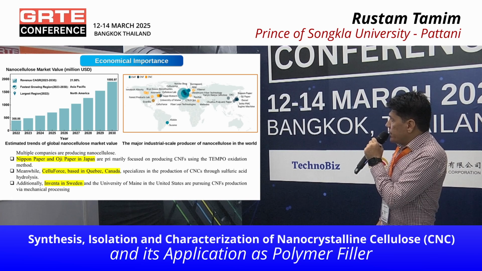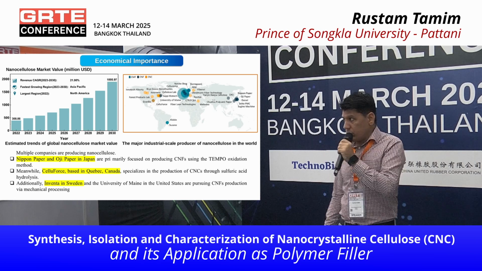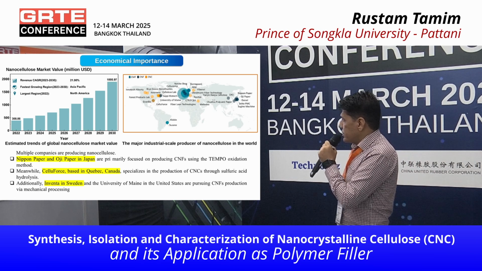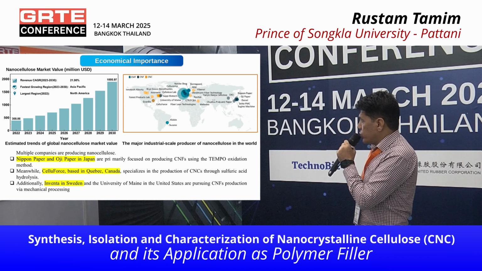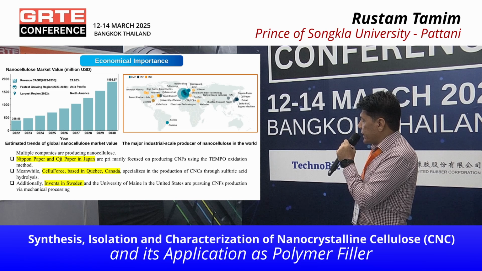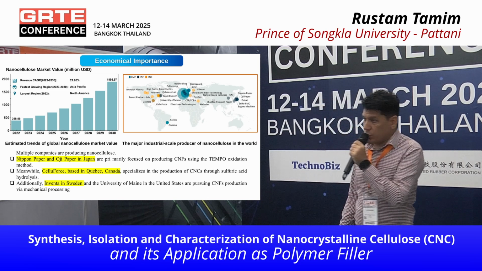The economic importance of nanocrystalline cellulose is very clear. The report shows that from 2022 till 2030, the value will increase from 388.86 to 1,895.98 million USD.